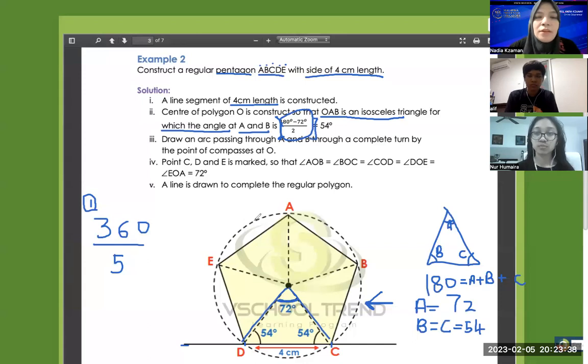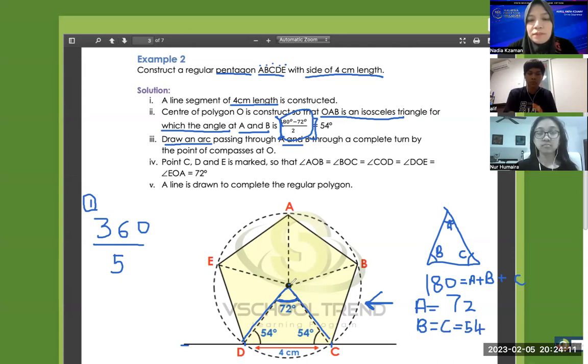Okay. And then what you need to do is draw an arc passing through A and B. So you have to identify the location of the center. By having the center, you draw an arc. Now what you need here is your protractor and all your drawing tools.